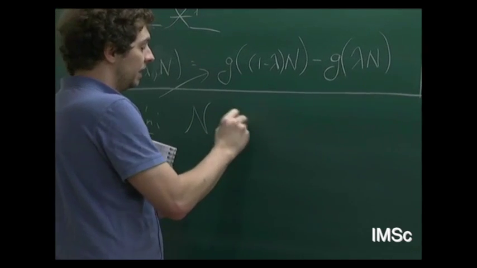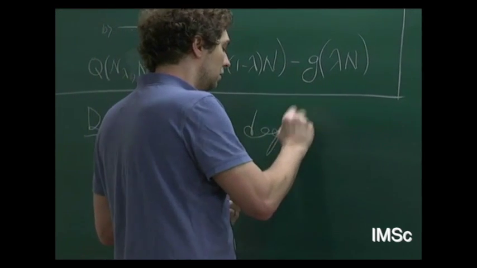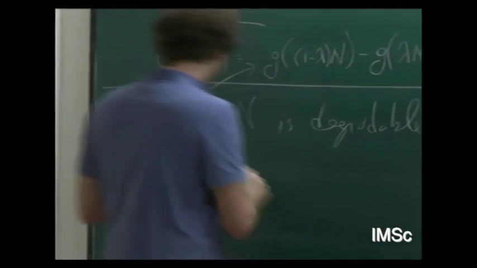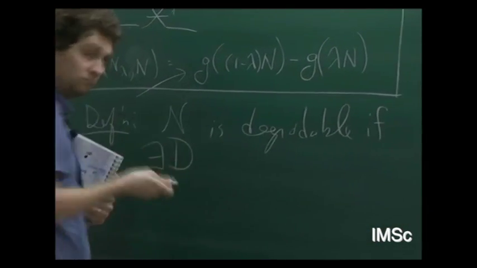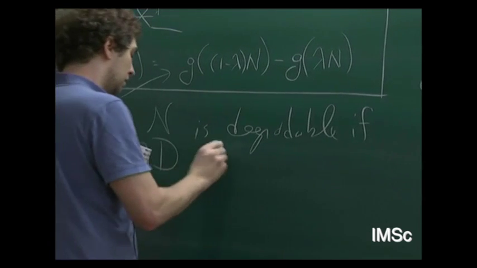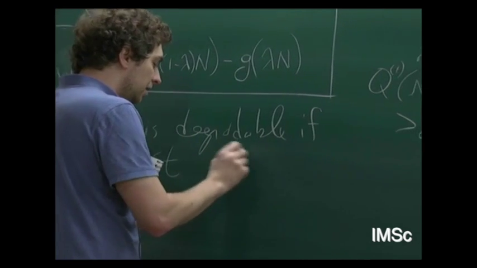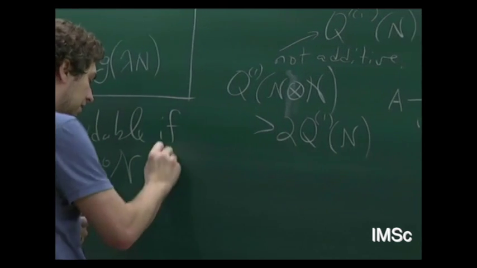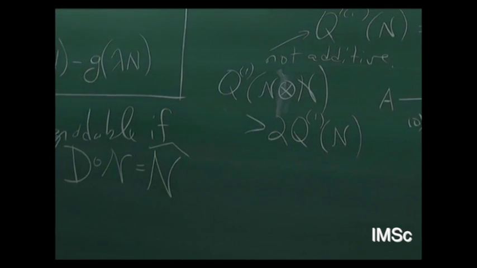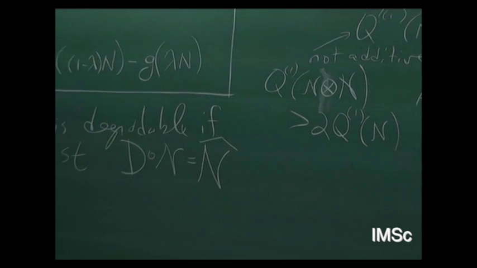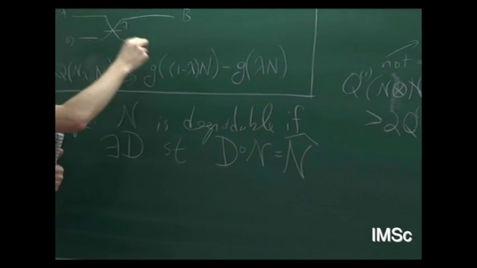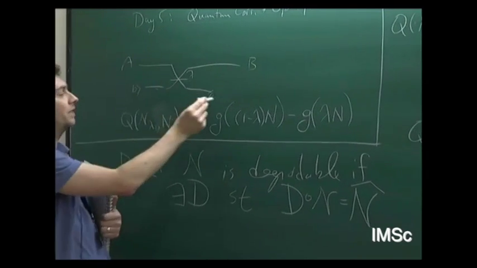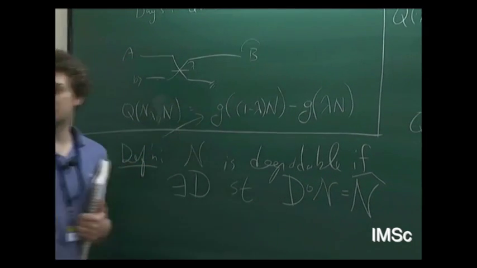A channel N is degradable if there's a second channel, D, such that when I compose the channel N with D, I get the complementary channel. So somehow the output of the channel is strictly stronger than the output of the environment. So I can completely simulate the channel from input to environment by doing some further processing on B.